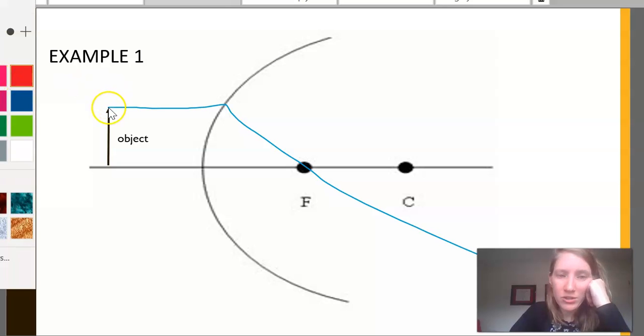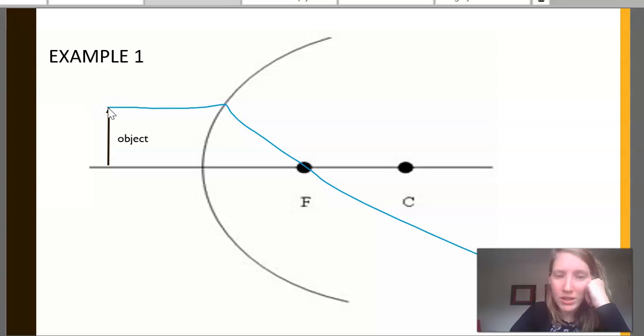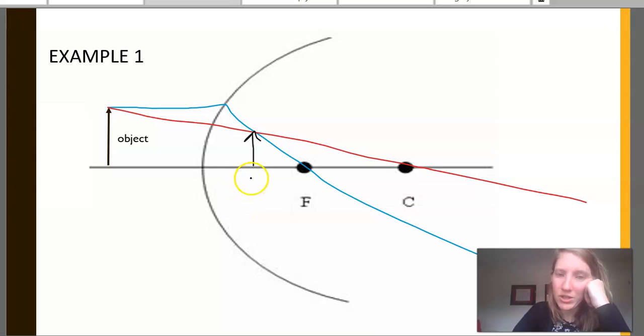All right, now we're going to switch colors to red: top of the object, straight through C. That was pretty good. And our new image forms here. Okay, that's our image.